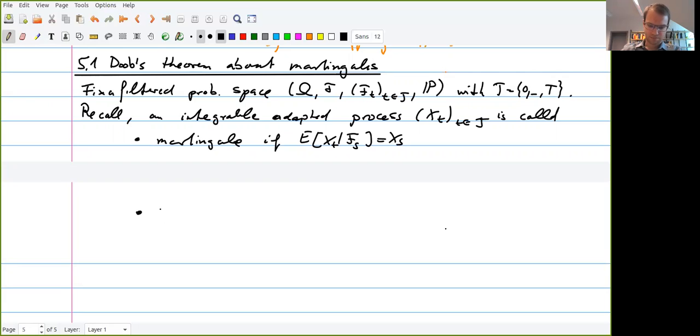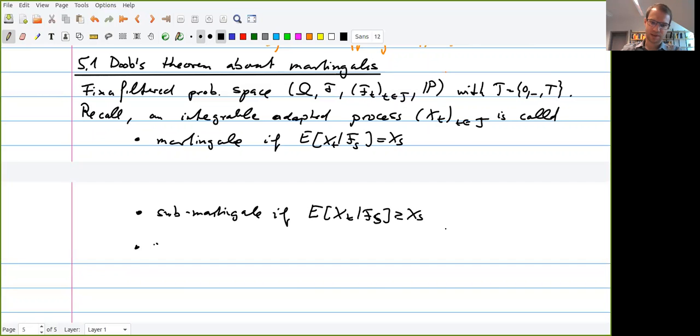We have a sub-martingale if the moves are again in favor of us, so this is bigger.